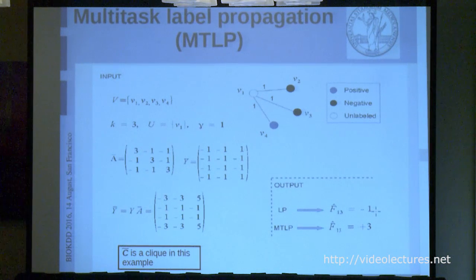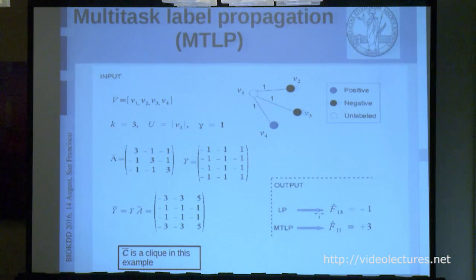Label propagation wrongly predicts the label of V1 because V1 for this task is positive. But with our method, after the transformation, you sum 5 minus 1 minus 1, which is +3. The label is positive, correctly predicted.